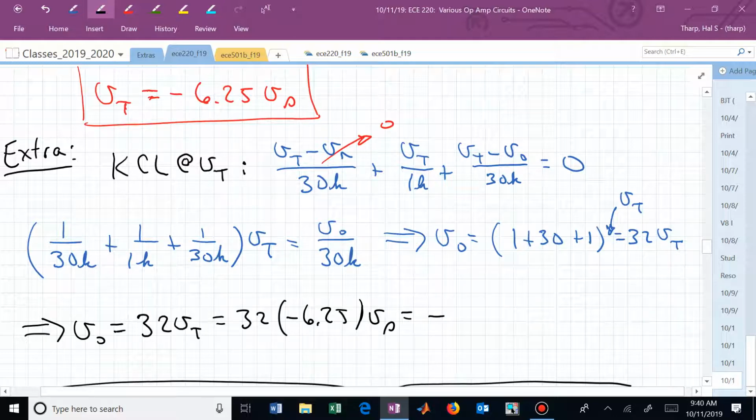So now, if you multiply 32 times 6.25, you end up with V sub 0 being a pretty big multiplier relative to V sub s, the input voltage. So now you've amplified your gain by putting that little T network in the feedback path. And it didn't take too much to solve it because V sub p was 0 and we were good to go.